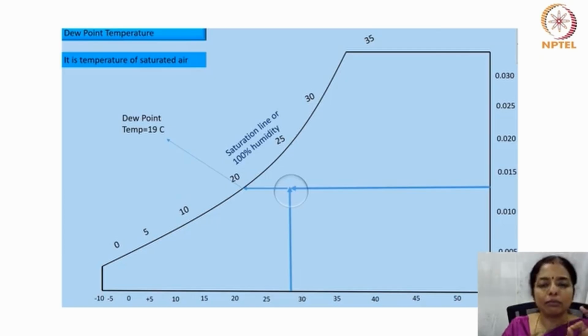For example, if you have a dry bulb temperature of 28 degrees, which will fall here, and a humidity ratio of 0.013, then at the point of intersection, you draw a horizontal line towards the wet bulb temperature like this in order to find the dew point temperature.